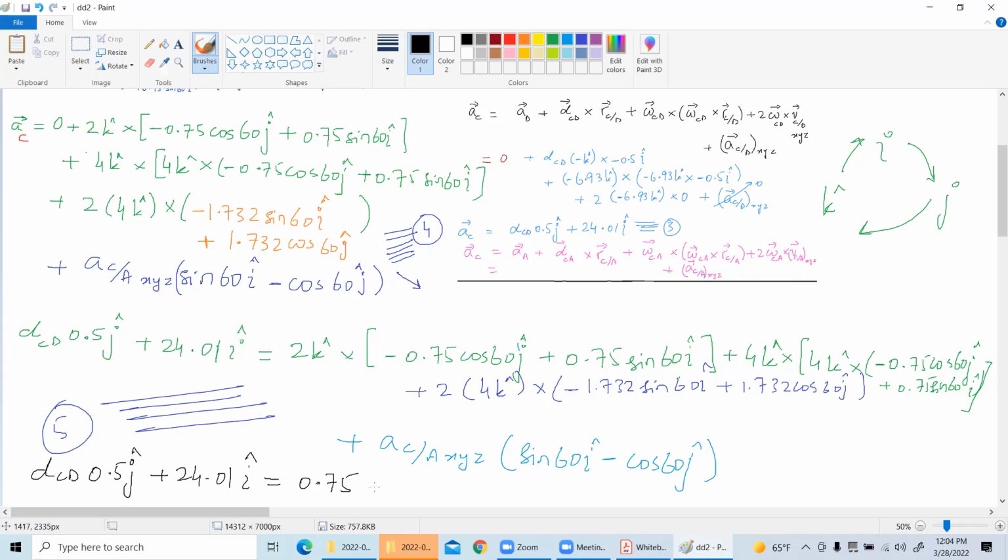K cross J is a negative I, right? 0.75 I. Then K cross I is a J, 1.3 J. Yes, J.